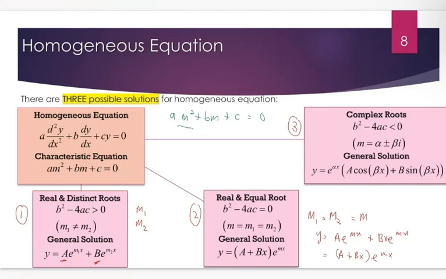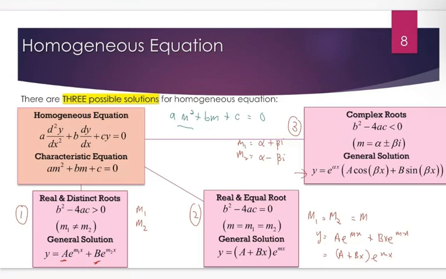So you have two values for m. So m1 equal to alpha plus beta i, m2 equal to alpha minus beta i, which is a complex solution.